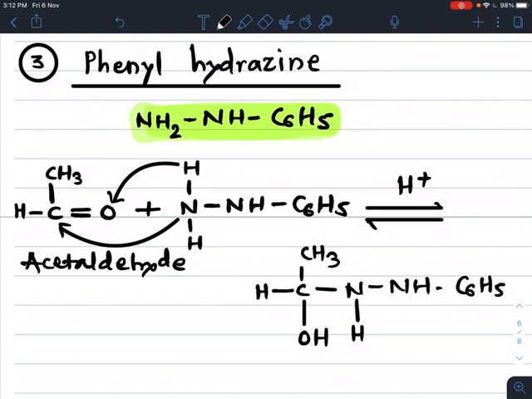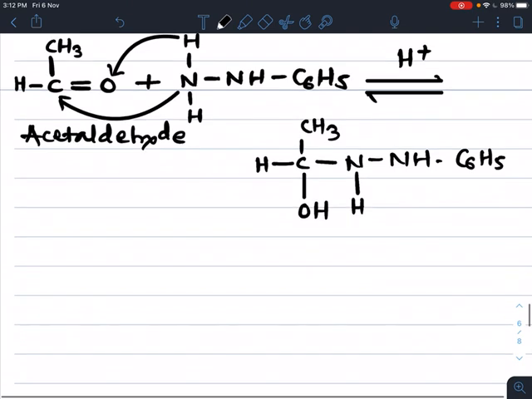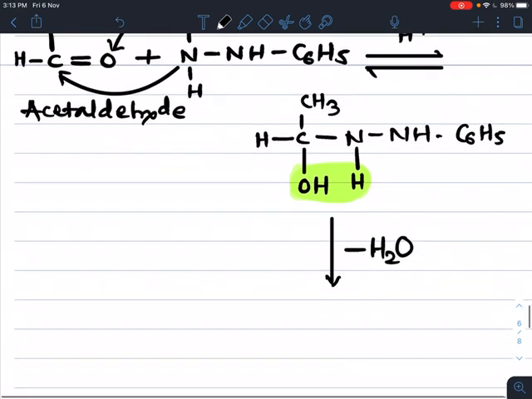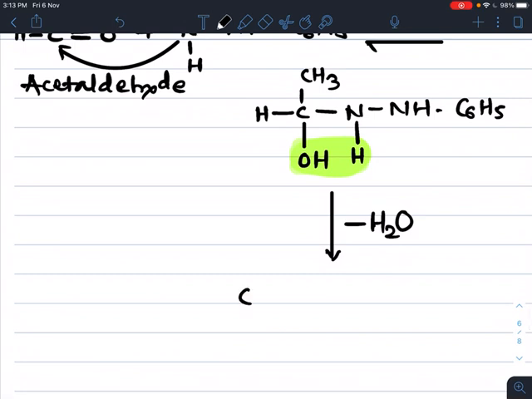Now further it undergoes an elimination reaction. Removal of H2O takes place from this addition product. Elimination of a water molecule takes place. So for the removal of water we can write minus H2O on the arrow, and we get its corresponding final product. CH3CH as it is, doubly bonded with NHC6H5.